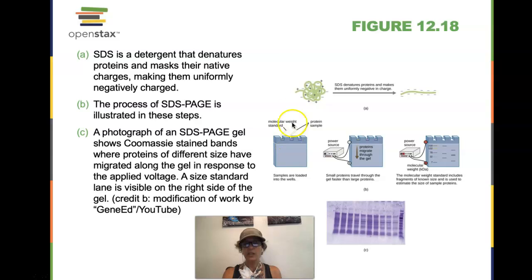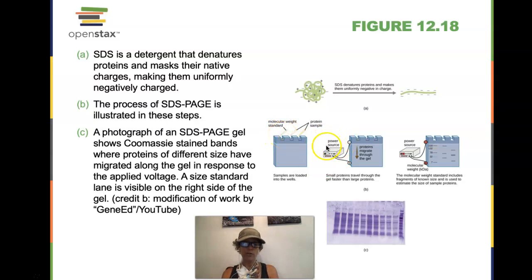The gel in this case is upright, and it is made of polyacrylamide. That's what the PAGE stands for, polyacrylamide gel electrophoresis. The gel is poured between 2 glass plates. There's a comb in it. When we take the comb out, that creates the wells. We put the protein sample in each well with a dye so that we can see it.